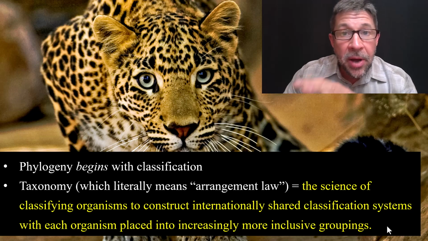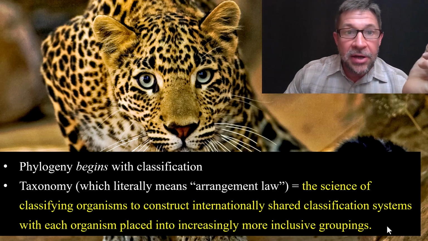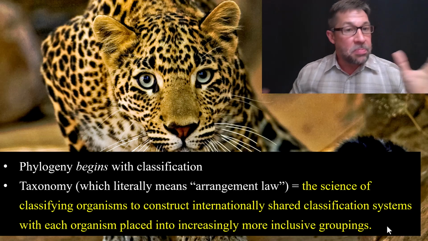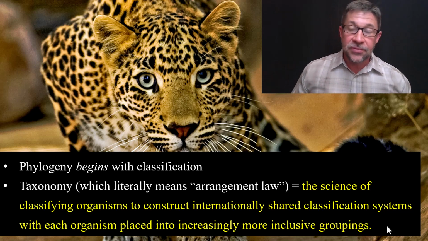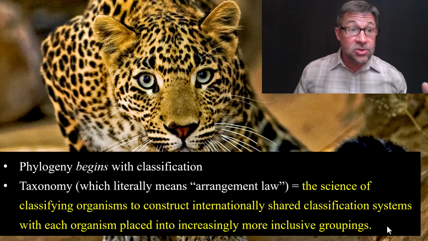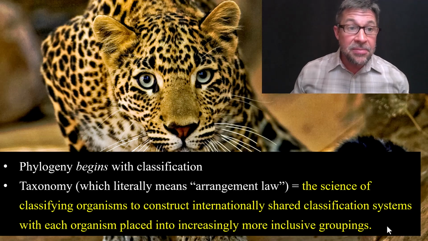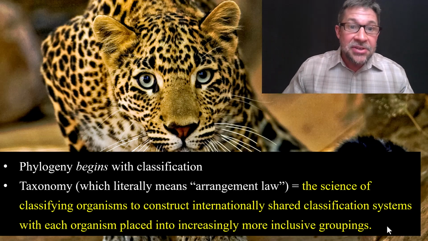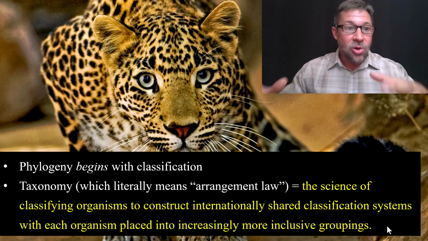So, when evolutionary biologists are building phylogenetic trees, we always start with basic taxonomy. And we recall from Learning Activity 6.1 that taxonomy, Linnaean taxonomy, literally translates as arrangement law.